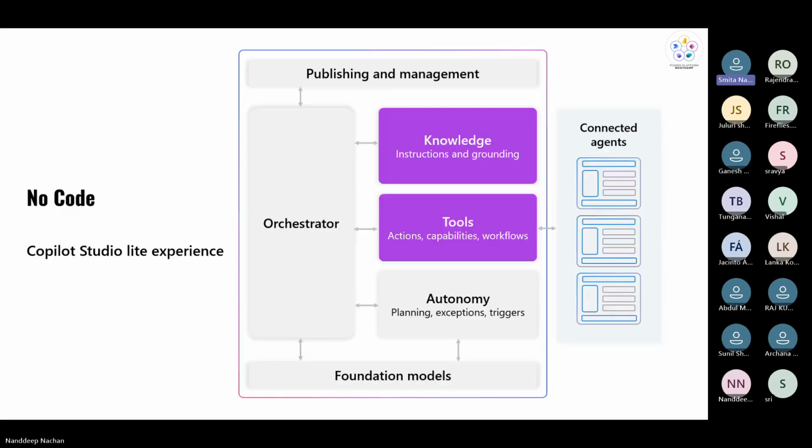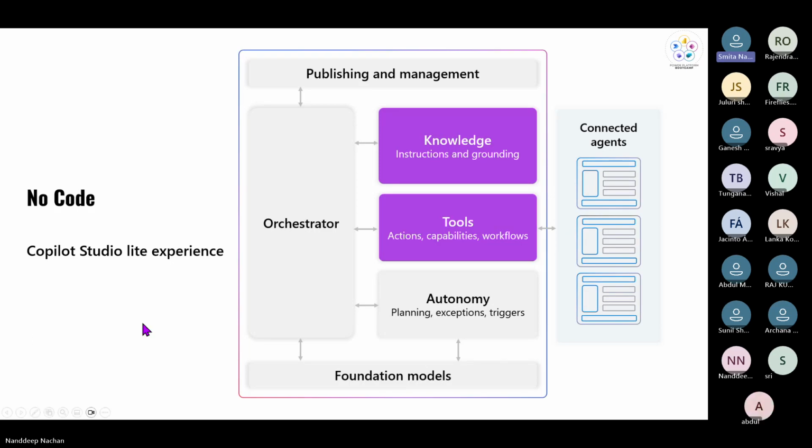This diagram explains the no code architecture behind Copilot Studio Lite and how responsibilities are split between you and the platform. Let's talk about this one. At the core is the orchestrator, which is completely managed by Microsoft. These components understand the user intent, decide how a request should be handled, and coordinate everything behind the scenes.